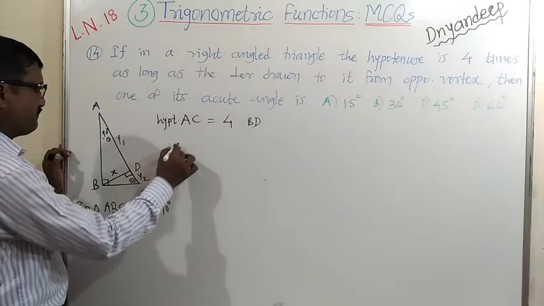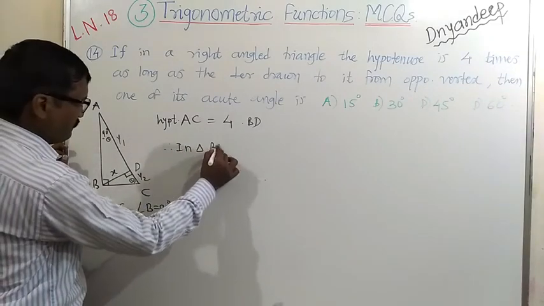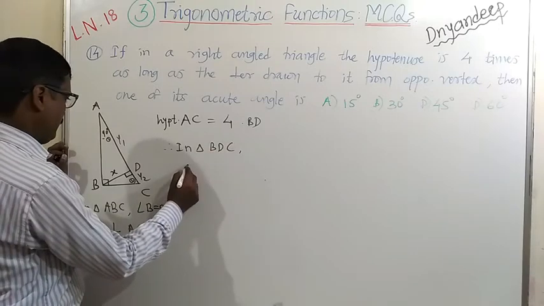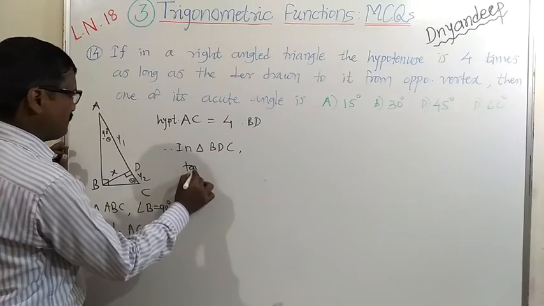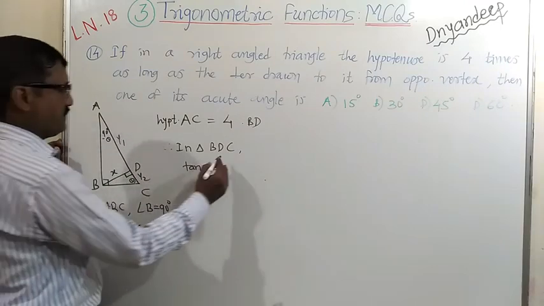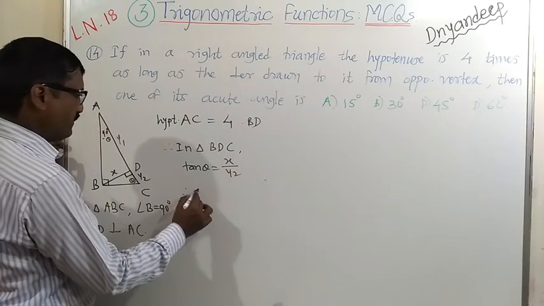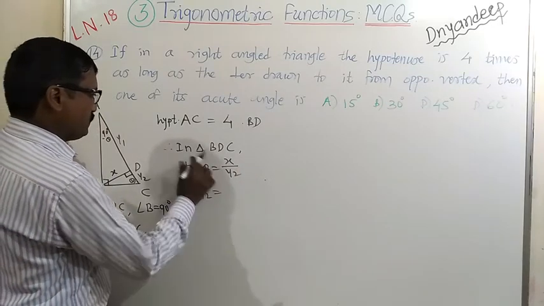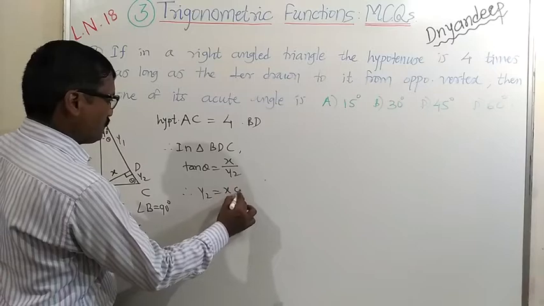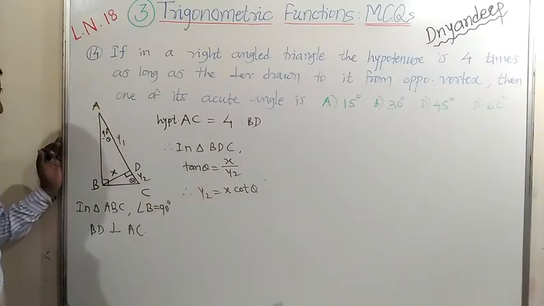Therefore, in triangle BDC, tan theta is equal to opposite upon adjacent, that is x upon y2. Therefore, y2 is equal to x into cot theta, 1 upon tan being cot theta.